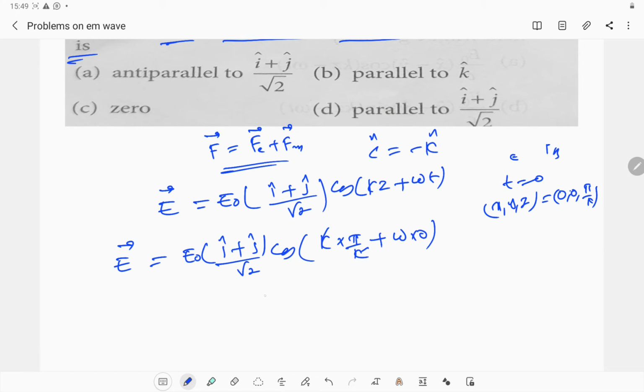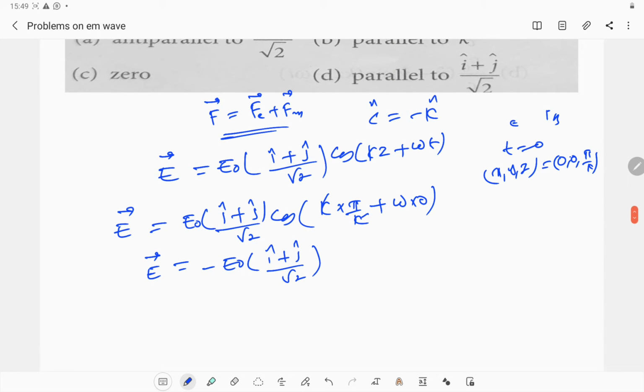This k cancels. So E bar, with cos 180 equal to minus 1, is minus E naught times (i cap plus j cap) by root 2. From this, the unit vector of electric field E cap is (i cap plus j cap) by root 2. Here the minus is separate; this is the unit vector.